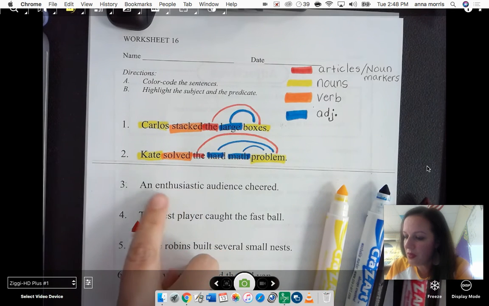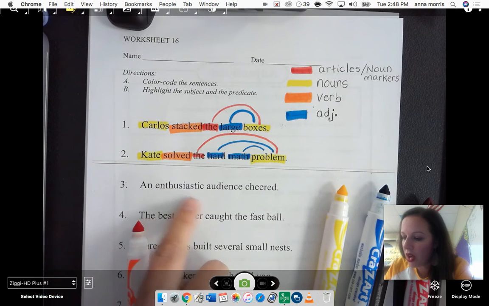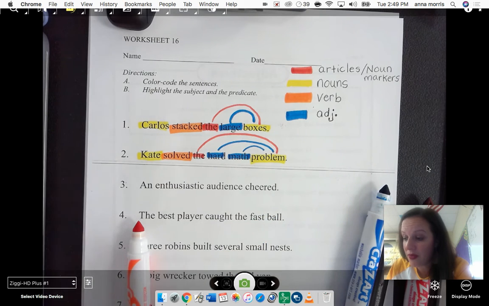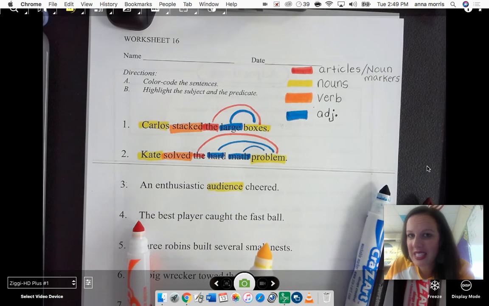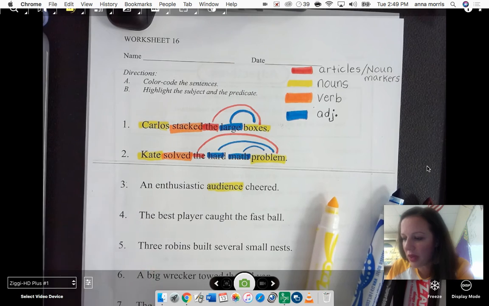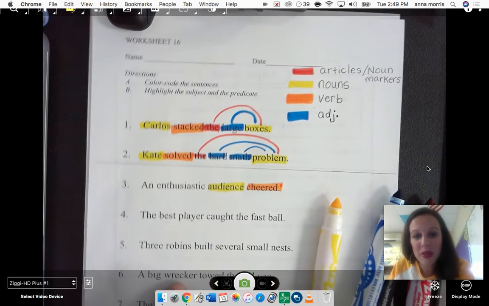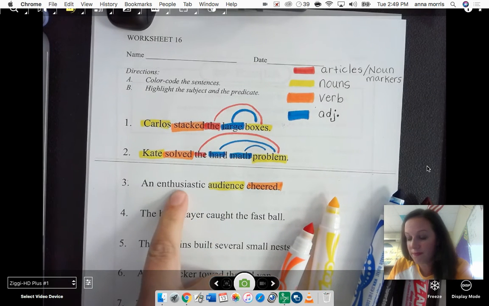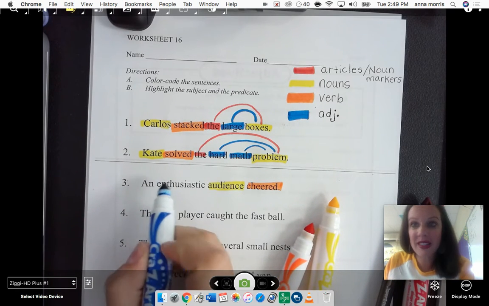Okay? An enthusiastic audience cheered. Wow, that's some big words. That's okay. Are there any people? Yes, there's an audience of people. That's a noun. And what are they doing? They're cheering. That's the verb. But what kind of audience? An enthusiastic audience, which means they're excited.